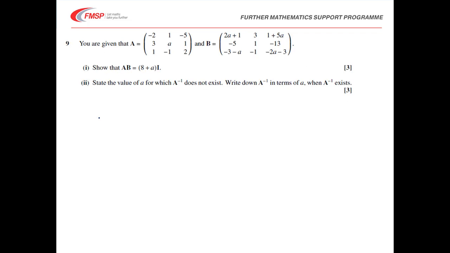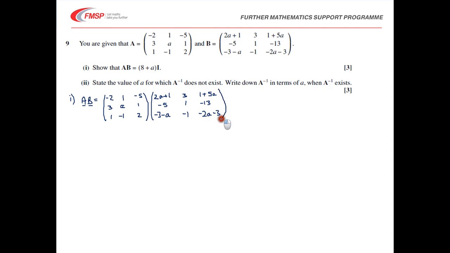Okay, let's get going. So part 1, AB equals -2, 3, 1, 1a minus 1, minus 5, 1, 2, 2a plus 1, minus 5, minus 3 minus a, 3, 1, minus 1, 1 plus 5a minus 13 minus 2 minus 3a.